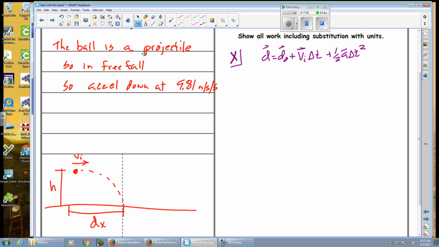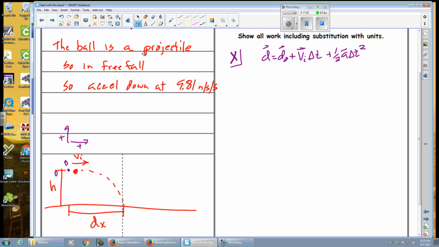Right here? Okay, so we're going to call right here 0, 0. Which two directions do you guys want to call positive? Up and to the right? Okay. Alrighty.